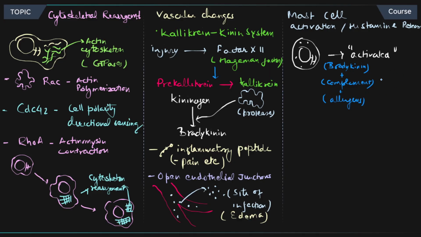These molecules can cause activation of mast cells, and then that mast cell is going to accumulate a lot of calcium inside. So just imagine this is the next cell that I'm drawing, the activated mast cell.